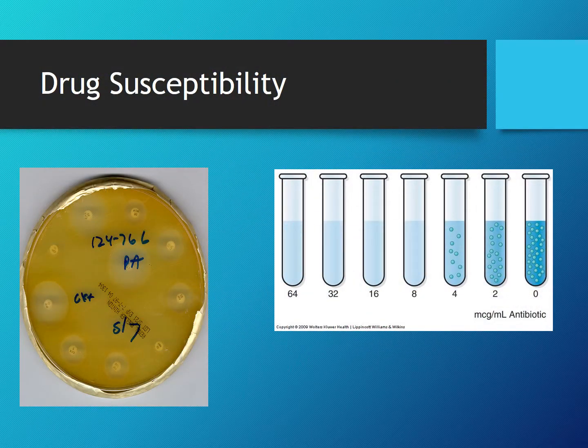Once they have grown, the lab tests them for susceptibility or sensitivity to certain drugs. When we get those results back, it tells us what the pathogen is and what medications would be best to prescribe for that particular bacteria.